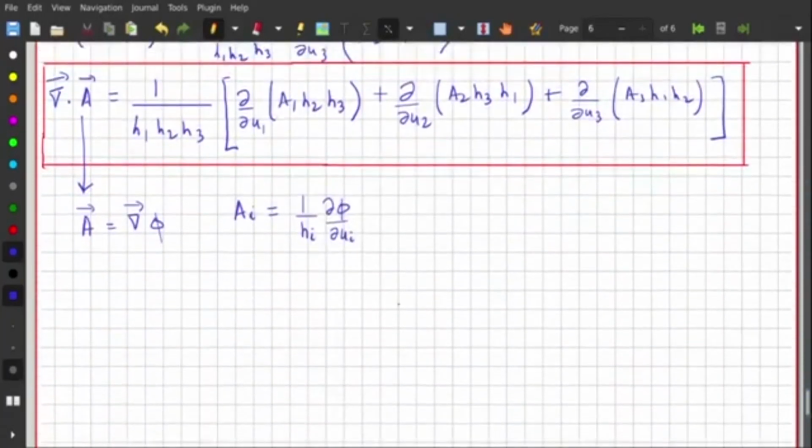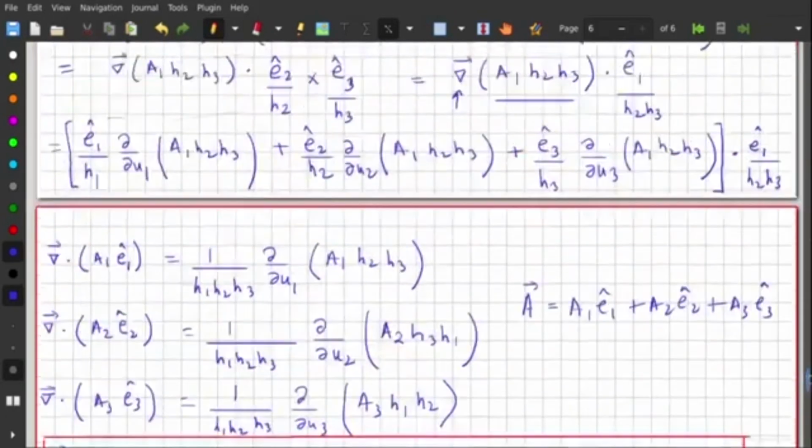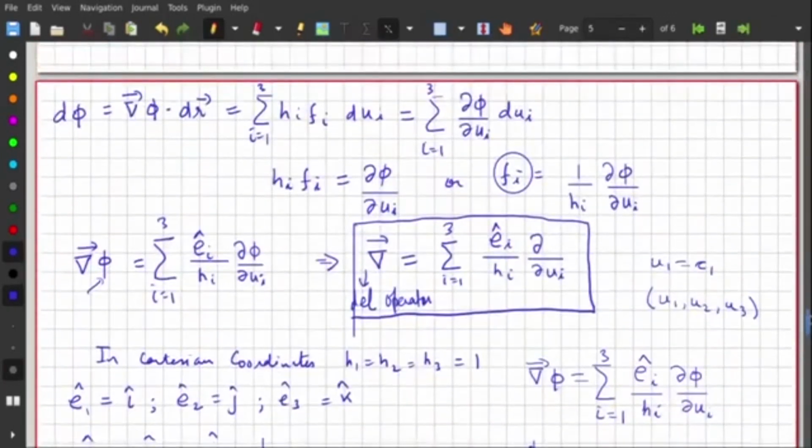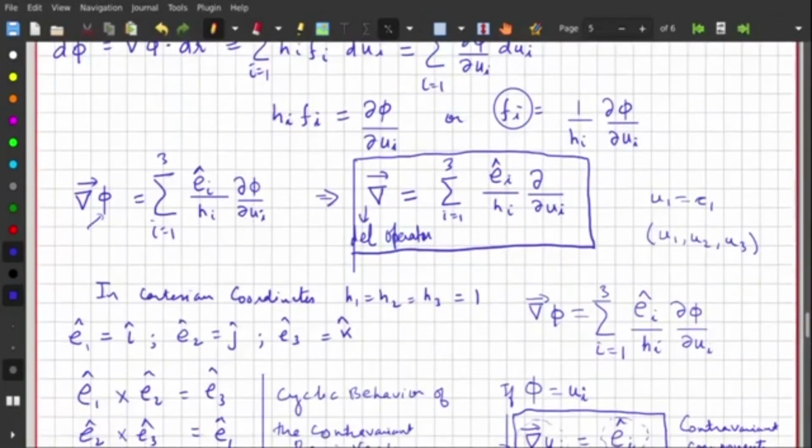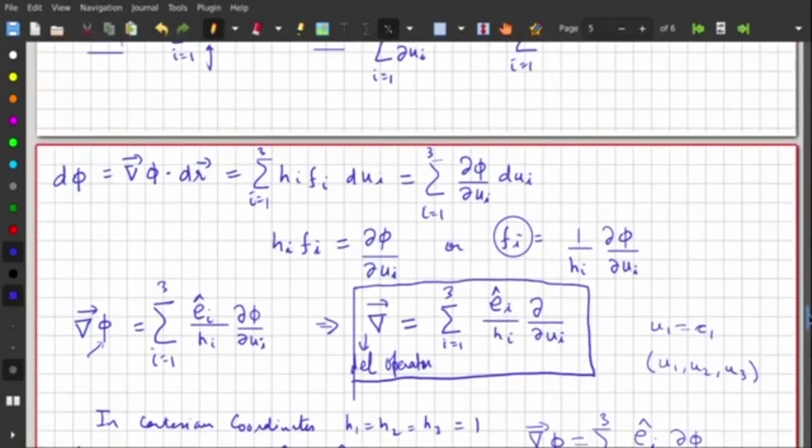So this is the gradient of phi, and that is what we are thinking about.